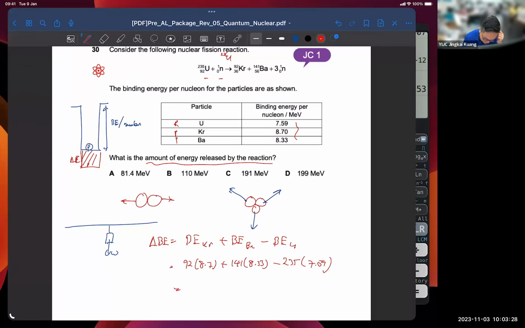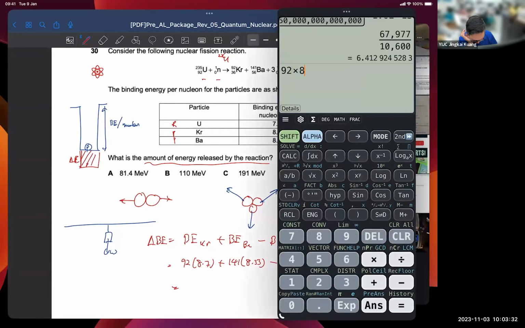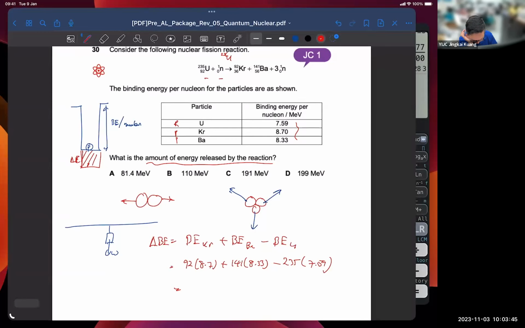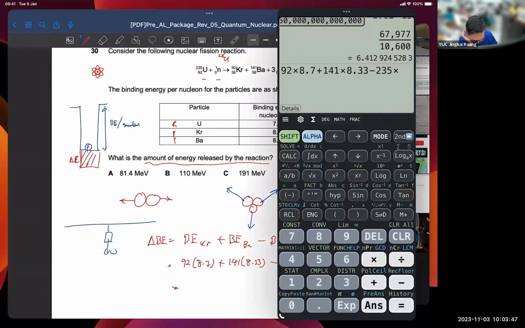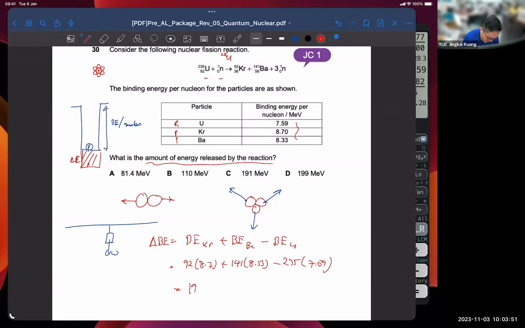Let's do this calculation very quickly. 92 times 8.7 plus 141 times 8.33 minus 235 times 7.59. I get 191.28, so 191 MeV.